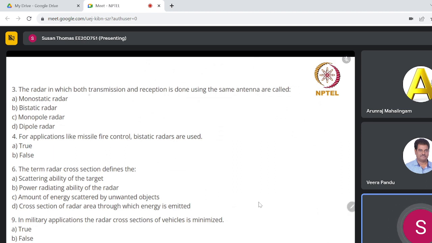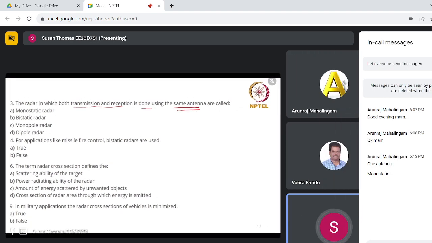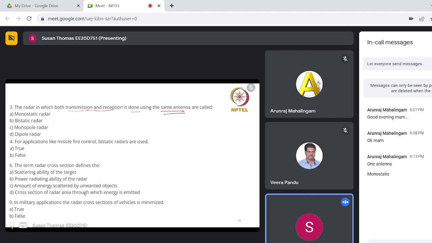The radar in which both transmission and reception is done using the same antenna: is it a monostatic radar, a bistatic radar, a monopole radar, or a dipole radar? Which is the type of radar? I request you to type in the chat, or you can even unmute and answer.